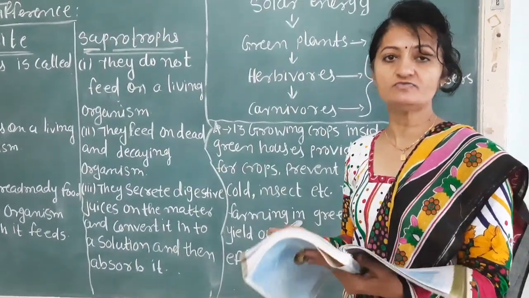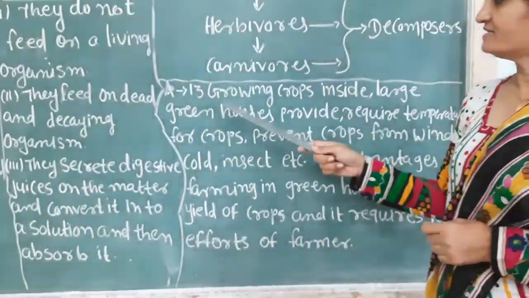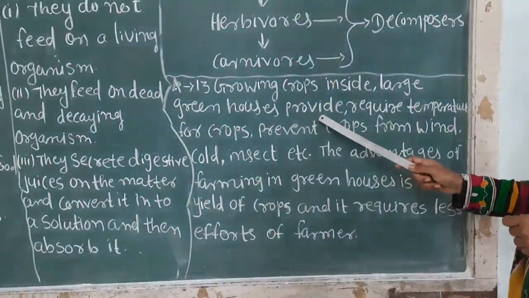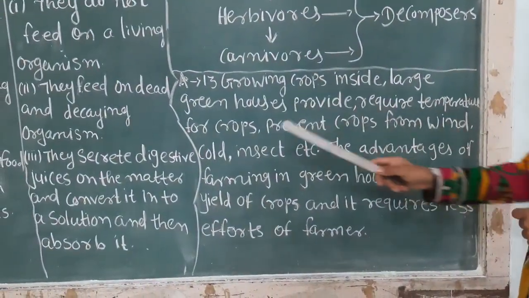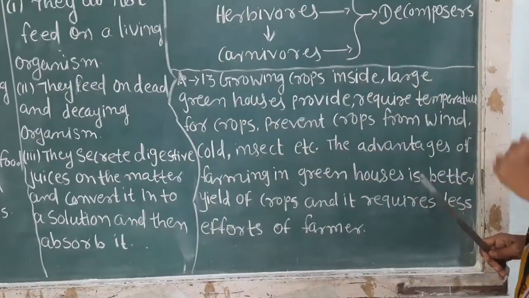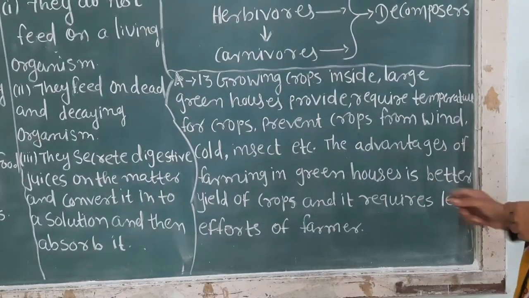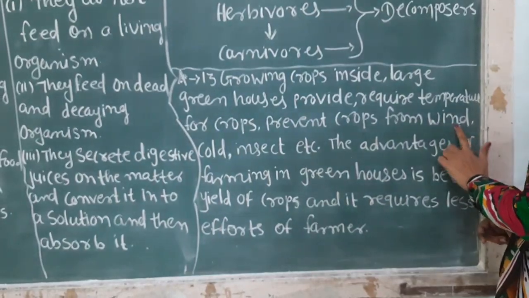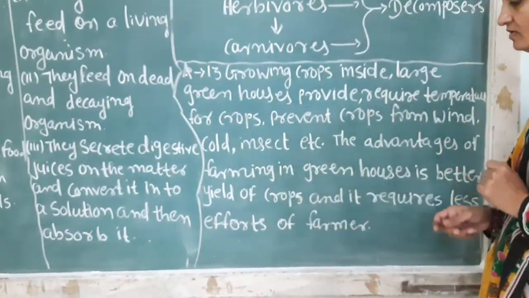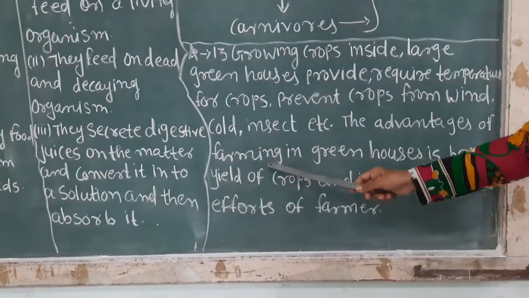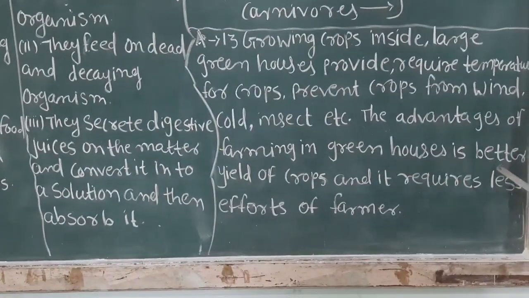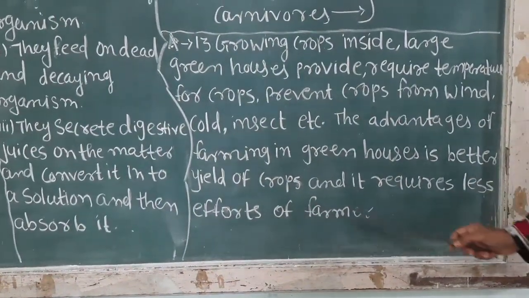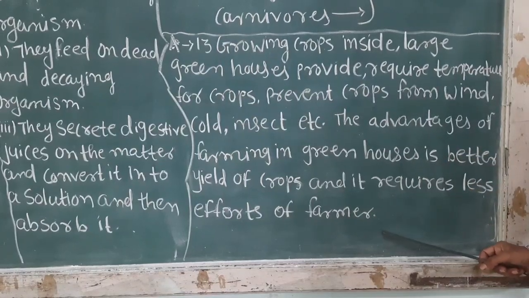What are the advantages for the farmers? You can see here that the answer is: growing crops inside large greenhouses provides the required temperature for crops. It prevents crops from wind, cold, insects etc. The advantages of farming in greenhouses are a better yield of crops, and it requires less effort from farmers. So clear this one.